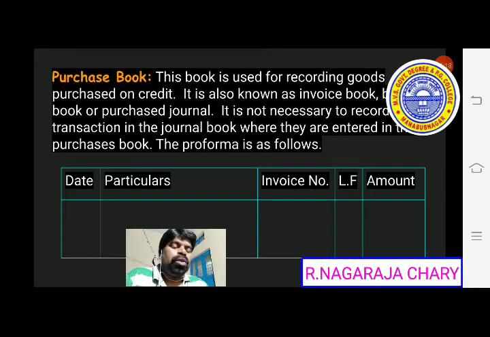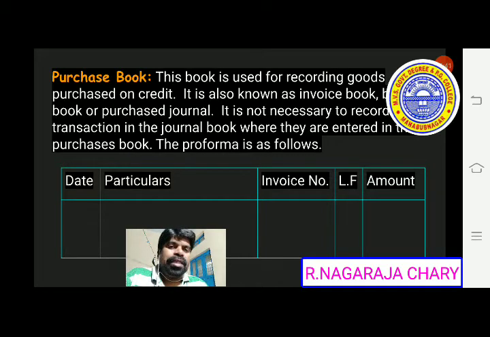Then we will get the total purchase information. According to the persons, the firm, the date, and the amount, we can get information. So the total information regarding purchase of material is recorded here.